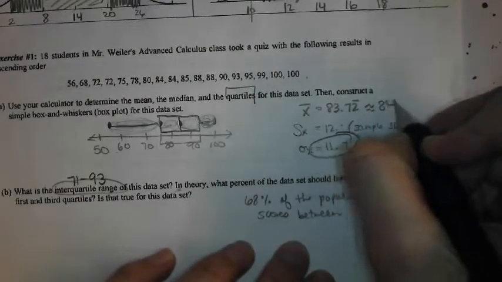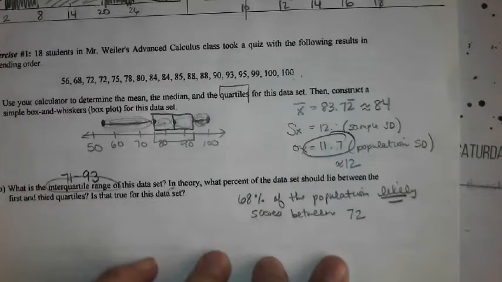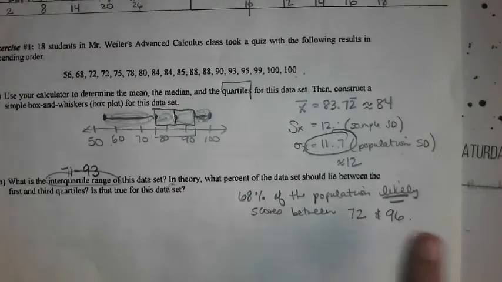Let's pretend the average is about 84. So 12 points below that average would be a 72, and 12 points above that would be a 96. If we've randomly chosen this sample of 18 people, we're 68% confident that when we grab a random name, they will fall between 72 and 96. Does that make sense?